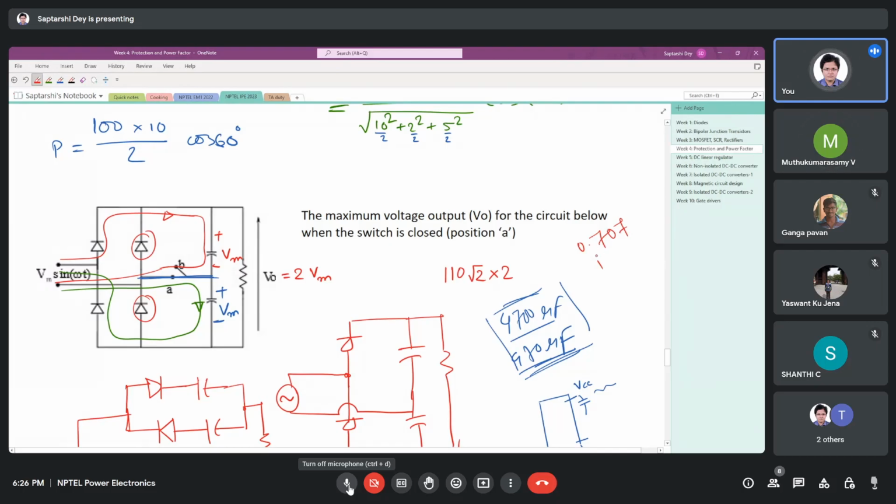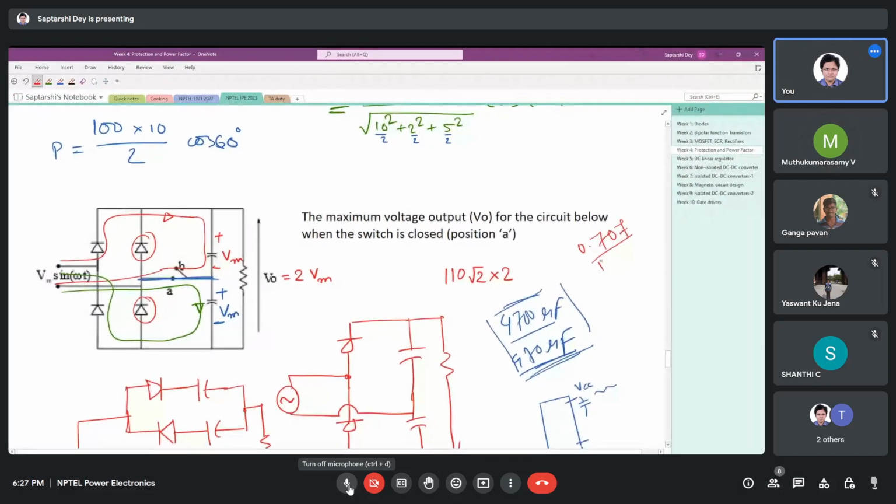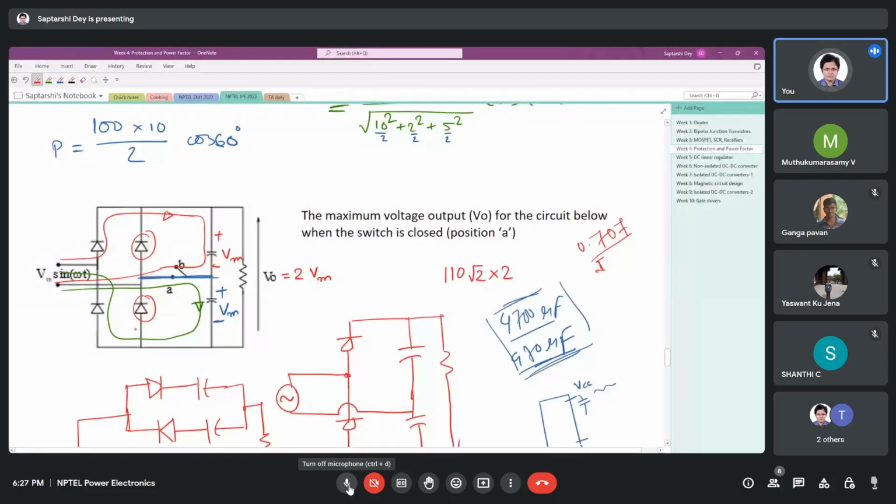Basically what they did is, if someone has mistakenly taken it as RMS or something, that kind of option they have kept. But 0.707 cannot be approximated as 2 Vm. Yes, it cannot be approximated.